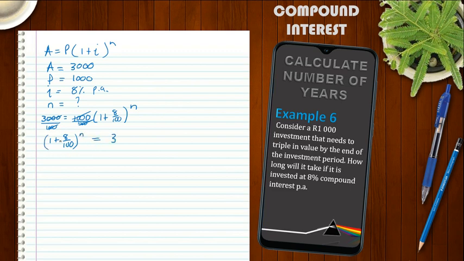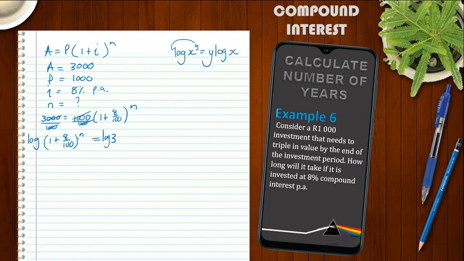Now once we have the base of our unknown on its own, we can then log both sides. So we say log of (1 + 8/100)^n is equal to log of 3. And we know from the laws of logs that if you have log of x to the power of y, one law says that you can take the exponent and put it in front of the log. So this is equal to y log x.